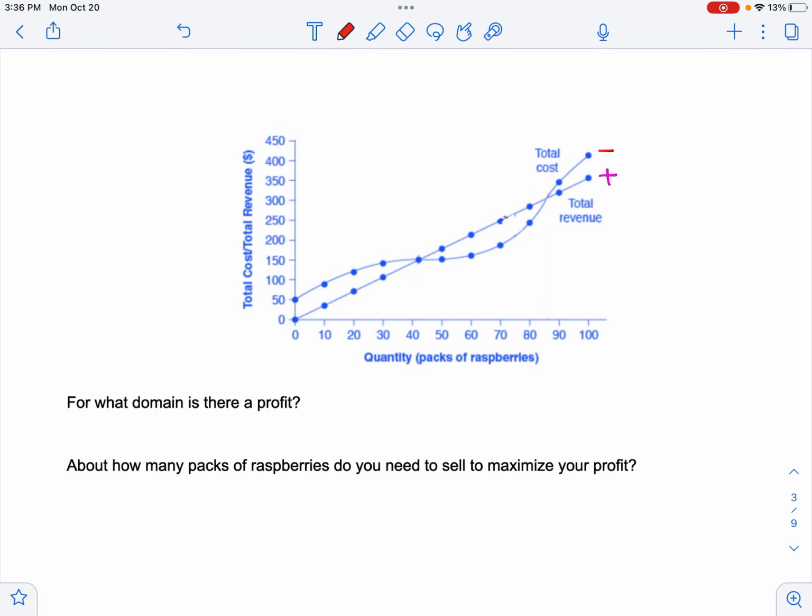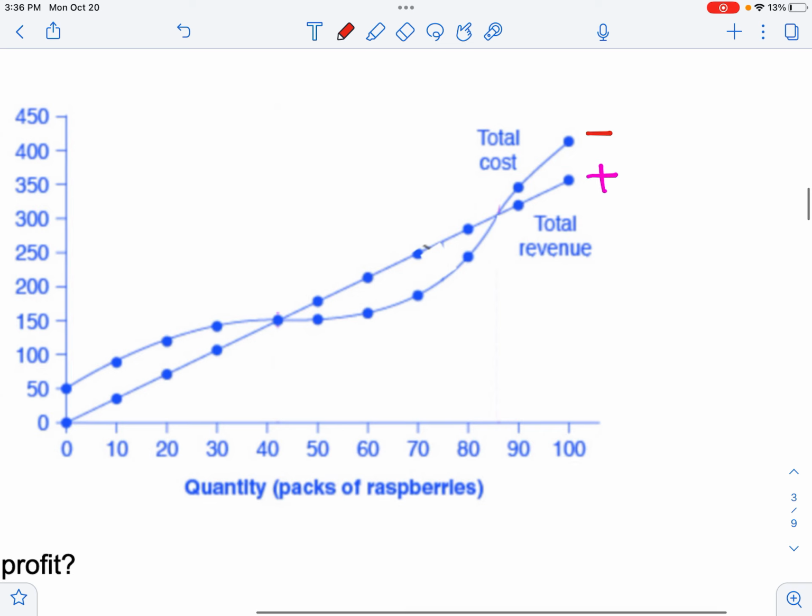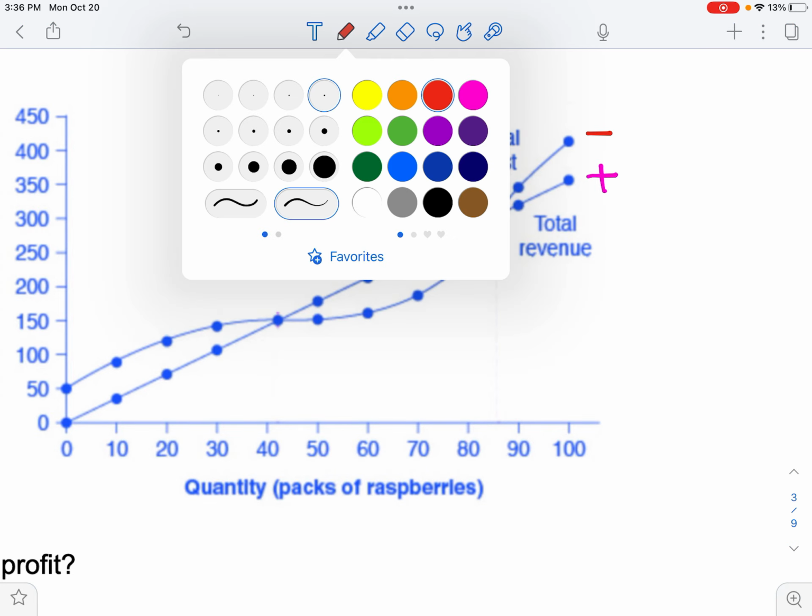Okay. So for what domain is there a profit? Remember, domain is your x. So for what set of x values is there a profit? In order to have a profit, remember, profit is your total revenue minus your total cost. So in other words, when is the positive line, the revenue, right?